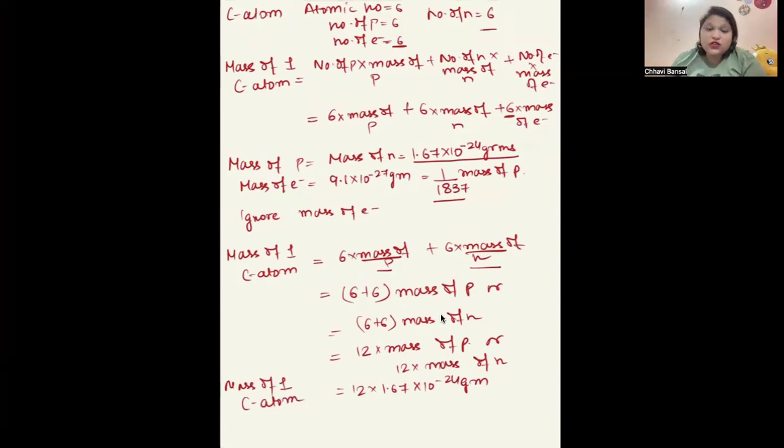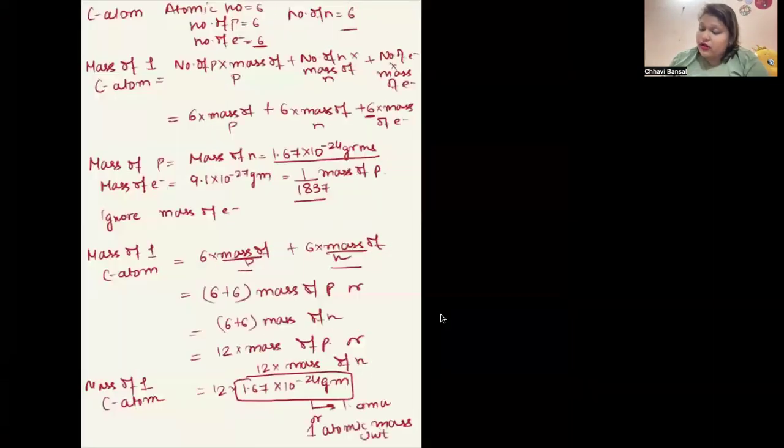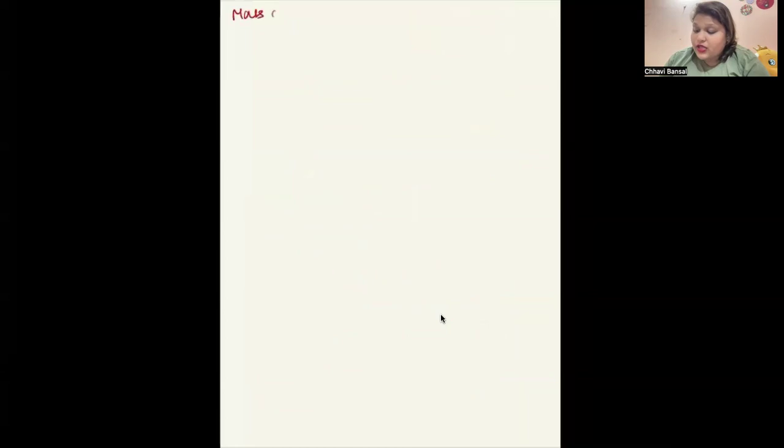Now, if you see this term that is given here, it's very tough to calculate or tough to remember. So what we have done is we have given the name to this much amount as 1 AMU, or 1 atomic mass unit. Okay. So now can I write, mass of one carbon atom is equal to 12 AMU, right?